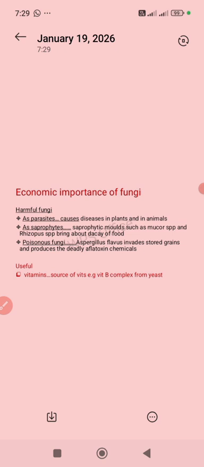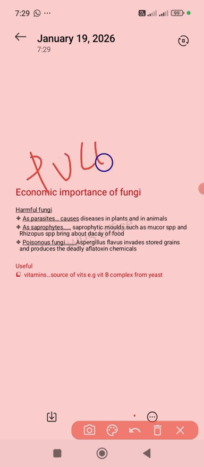Wheat and maize rust are caused by Puccinia species, a member of the fungi known as Puccinia. These Puccinia species can cause wheat and maize rust, and they lead to serious crop damage and low yields.